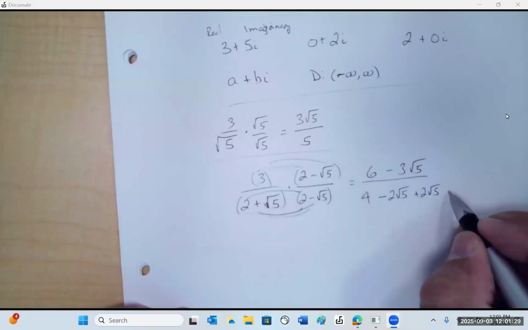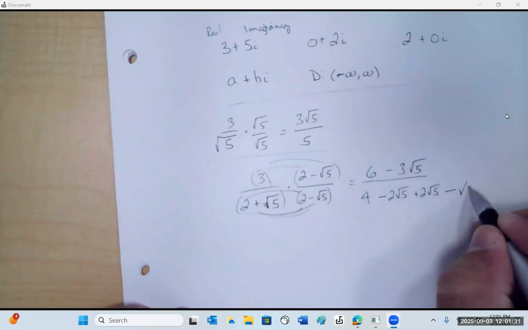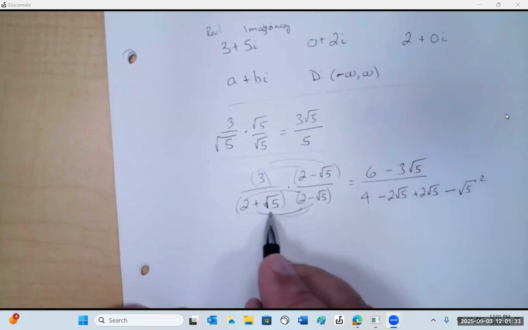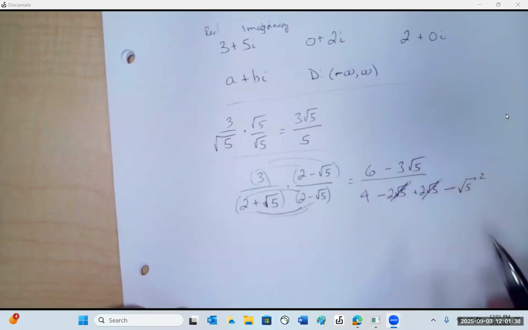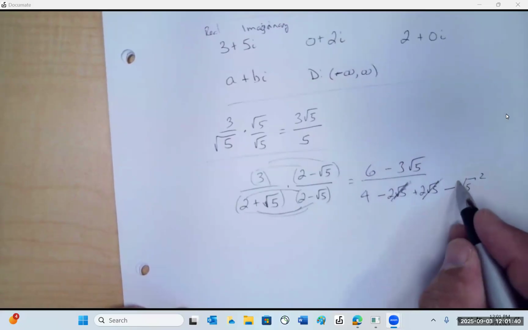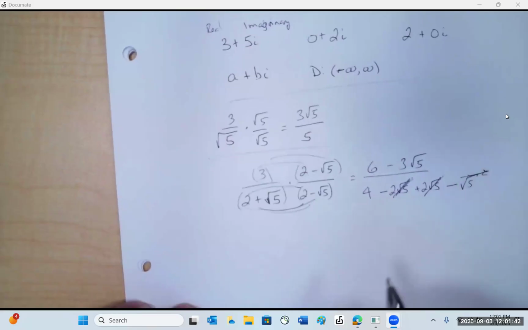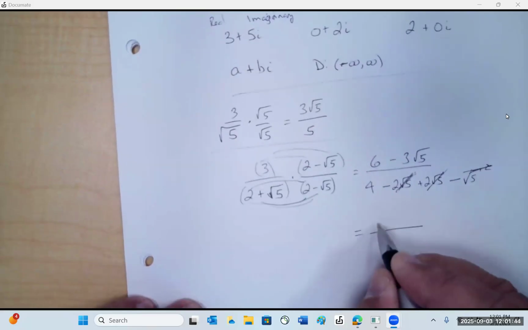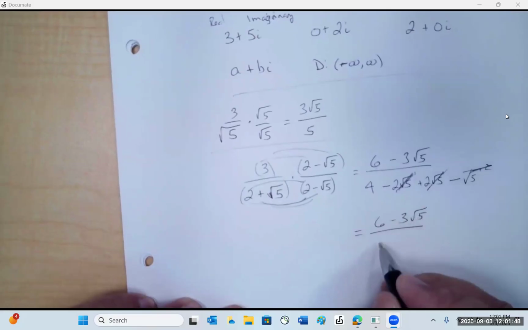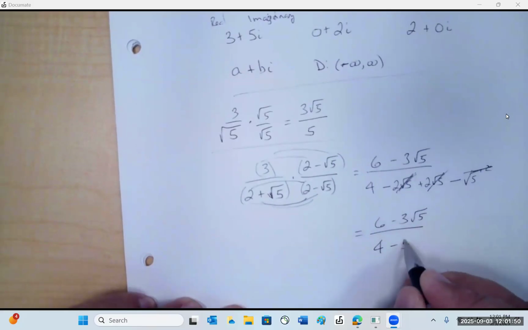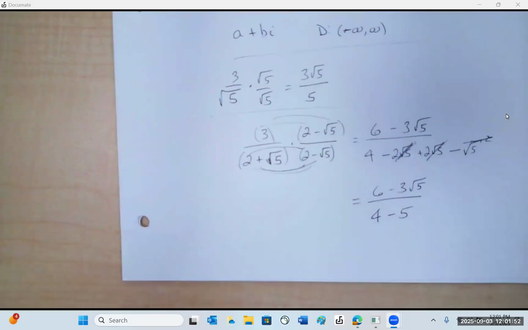Positive times negative is negative radical 5 squared. So the radicals disappear. The square root and the square cancel. So on the bottom, it's no more radicals.